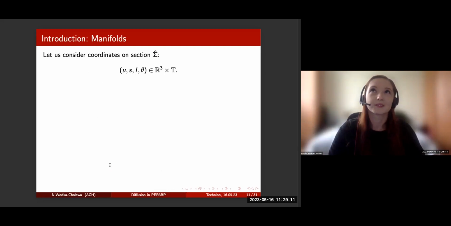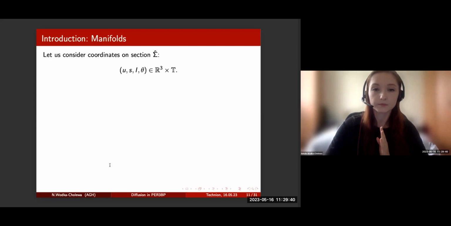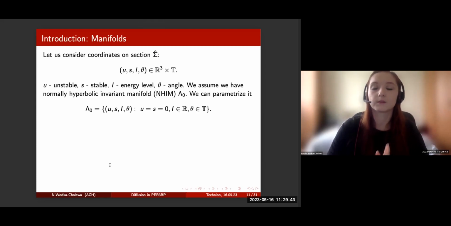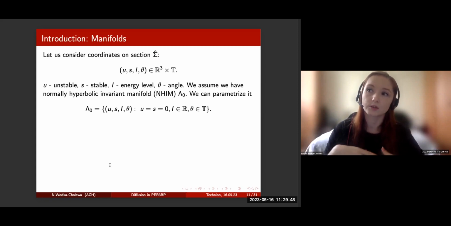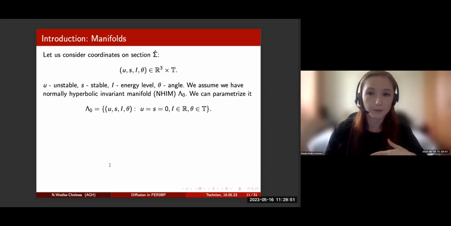Okay, so let's forget about some of the things before, and we can consider other coordinates on the section. It doesn't mean that I don't have x, y, and px and py, but I can change them, or I can choose from them. You can choose which one is which. You will have different coordinates, and on a section it's 4-dimensional, because the extended phase space is 5-dimensional. And we can change the coordinates as follows. We will have some coordinate that will be connected to the unstable direction.